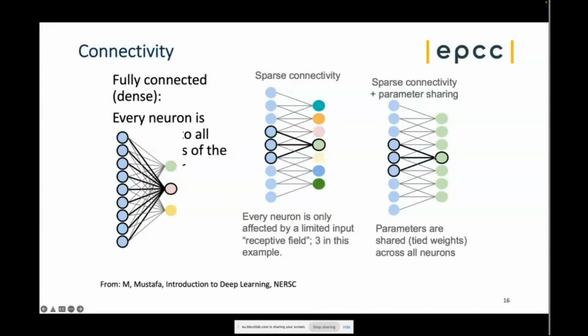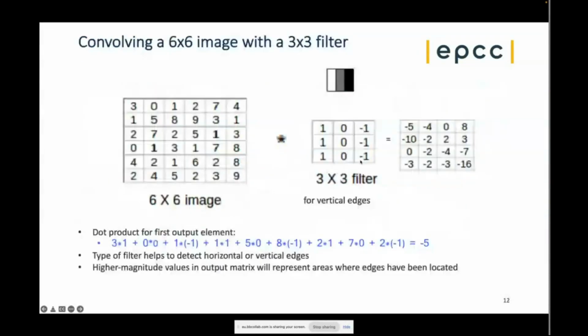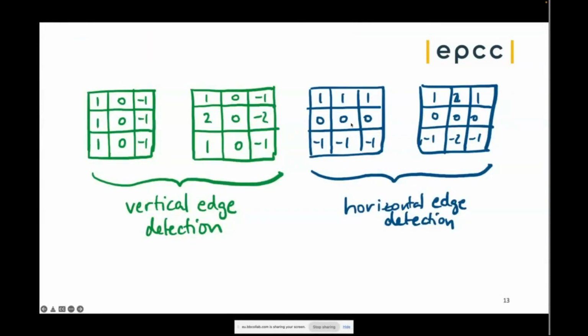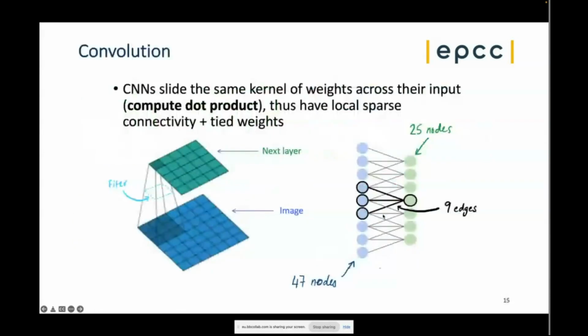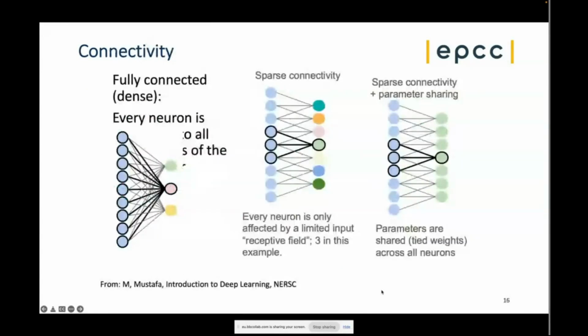So you'll notice that we said that there were 9 edges corresponding to the values of the filter. We were trying to find the values of the filter, but we've got one filter corresponding to the whole layer. So this value here basically is going to be the same as this value here.